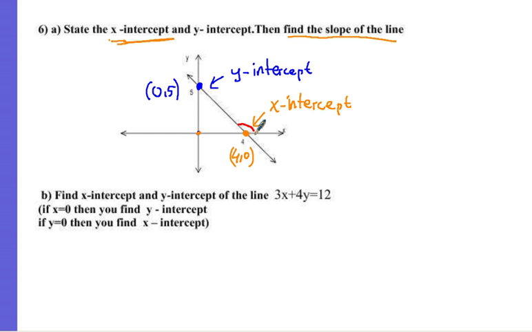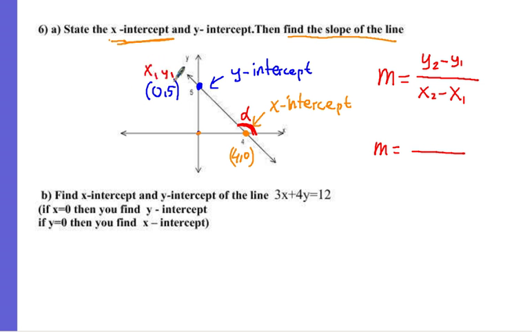slope. What was slope? So here we have angle alpha. Tangent alpha gives slope. But here, because we already have the points, we don't need to use trigonometry. We can find the slope just by using y2 minus y1 over x2 minus x1. Remember from the previous one. So m, slope, is equal to, let's say here x1 y1 and here x2 y2.